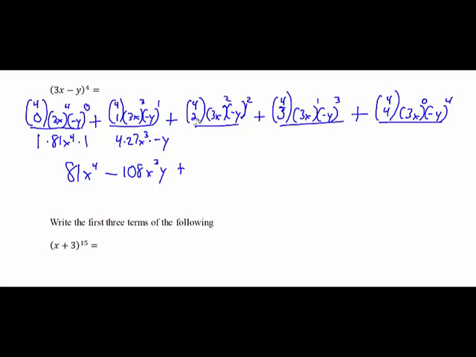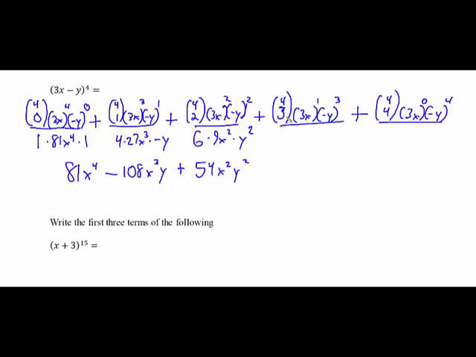Then for choosing 2 here, this is going to give us 6, and then 3x quantity squared is 9x squared, and negative y times negative y is positive y squared. So this is 6 times 9, which is 54, x squared y squared.